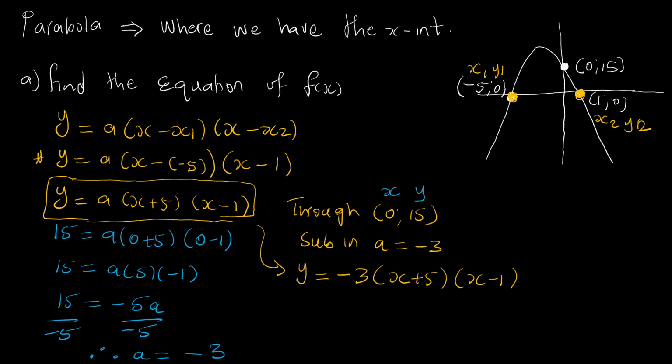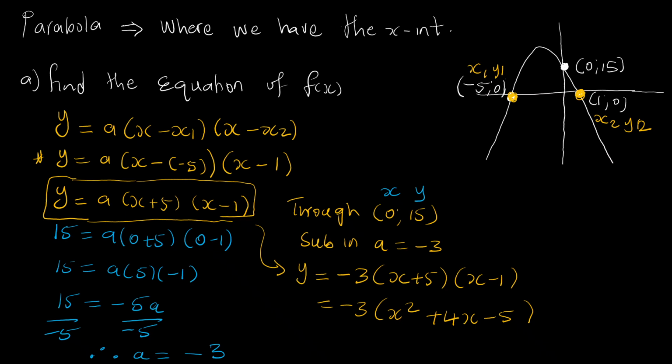So now we can use the FOIL method to multiply out our brackets. I'll have this as x squared minus x plus 5x, which will give us positive 4x. 5 times minus 1 is just minus 5. Please make sure that you pause the lesson, multiply out the brackets using the FOIL method, and you should get the same answer.